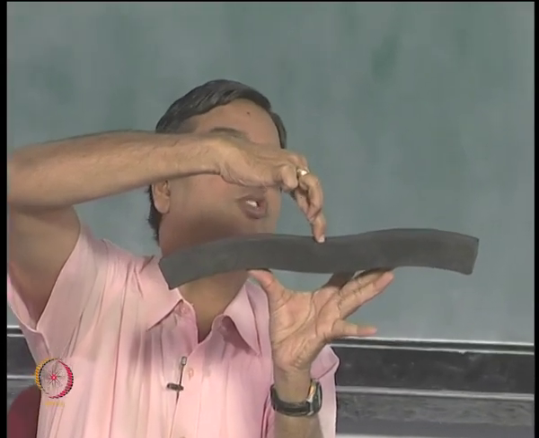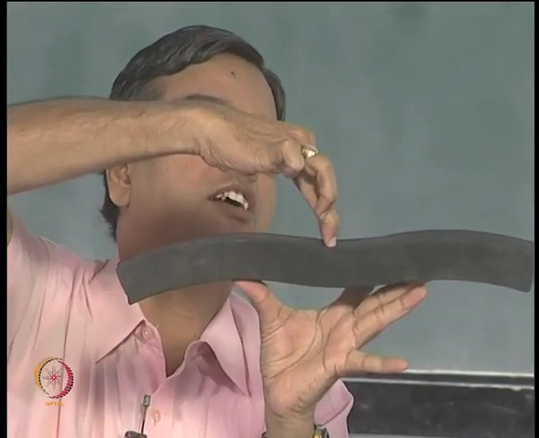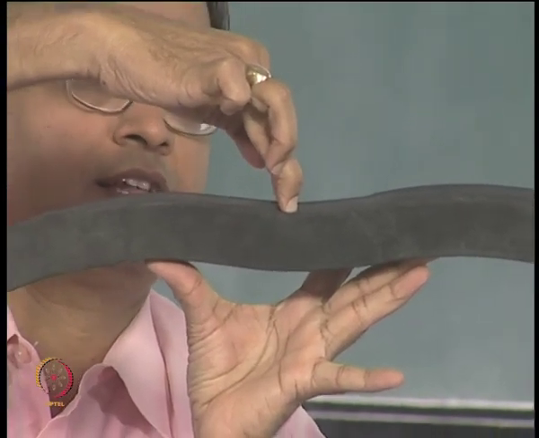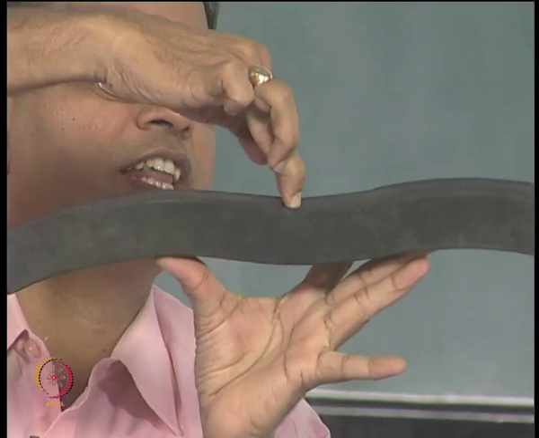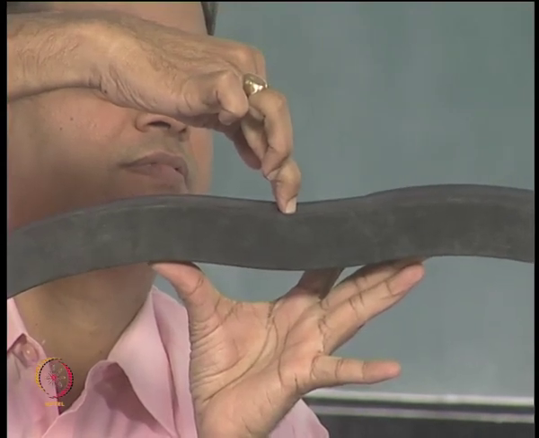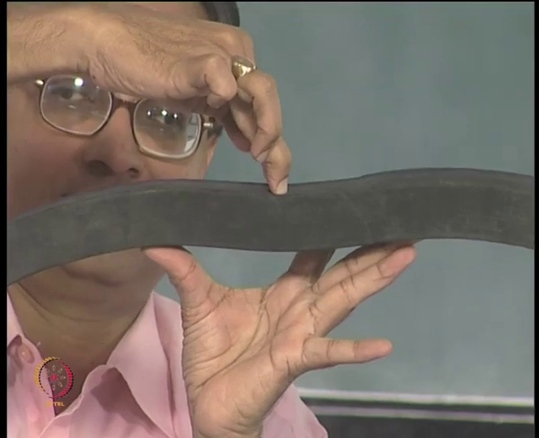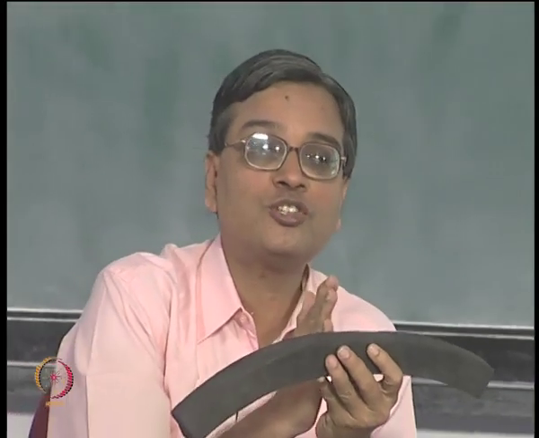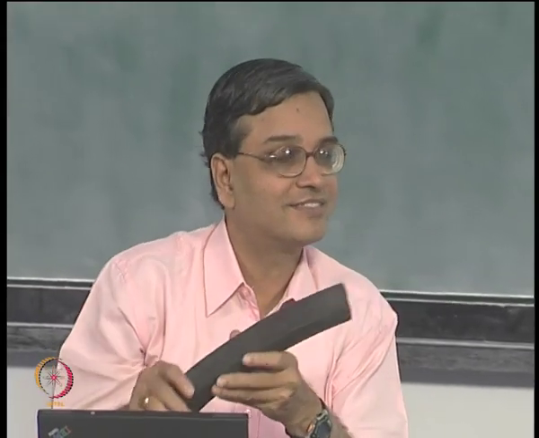Now, from your strength of materials, if I want to find out the shear distribution over the depth, what is the variation? It is a parabola. But what will be the variation when I come closer to the loading point? It is no longer a parabola.